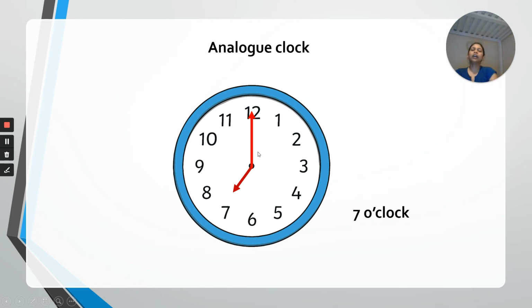Okay, now it gets slightly trickier because we need to know what other times we have on our clock apart from o'clock, or what if the minute hand is not on the 12 and it's somewhere on the 3 or on the 6 or on the 9. That is when we say that it is not o'clock.